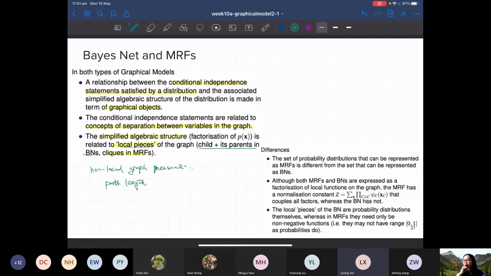We don't care, once they are separated, how many hops you need to run to reach another node from one node, right? And like connected components, we assume the graph is connected. If they are not connected, then the different parts are independent in terms of joint distribution, right?